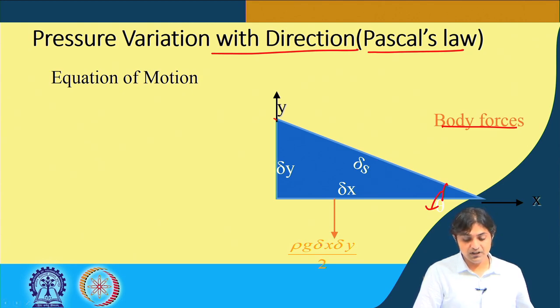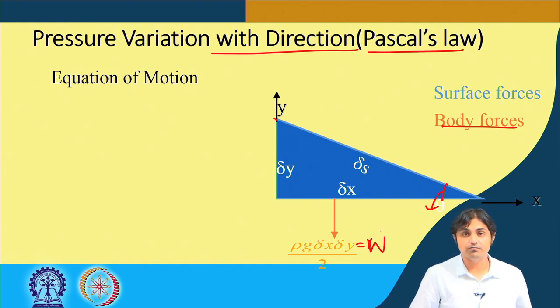Assuming in z direction we have a unit length, the area of this triangle is half into delta x into delta y, multiplied by 1 gives us the volume. So the weight is rho into g into volume. This is the weight of the element.